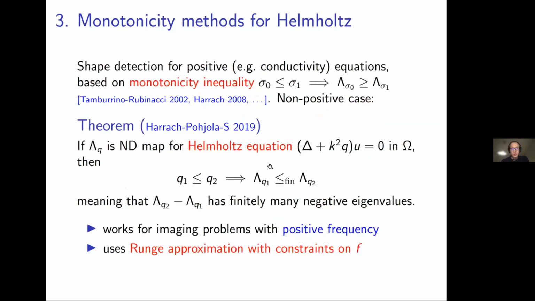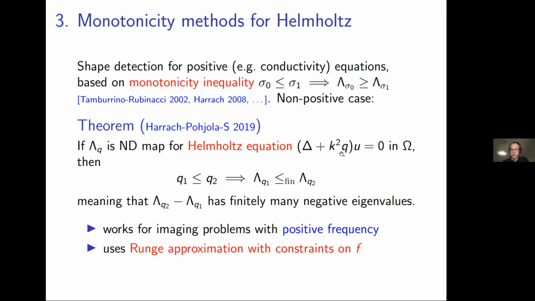And the third recent application is related to some shape detection methods. This might be a little bit difficult to read if you're not familiar with this, but let me just say that now, instead of the conductivity equation, which is a positive equation, so the Dirichlet eigenvalues of the conductivity operator are positive, you work with the Helmholtz equation, Laplacian plus k squared times q.